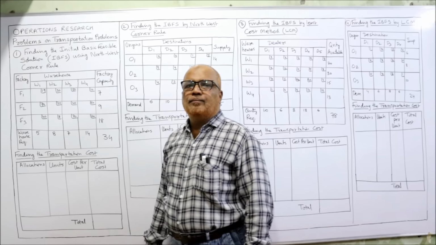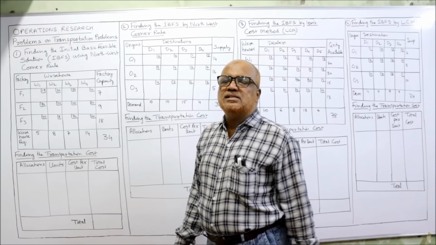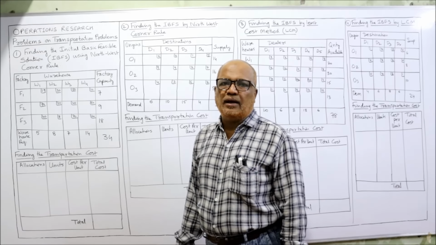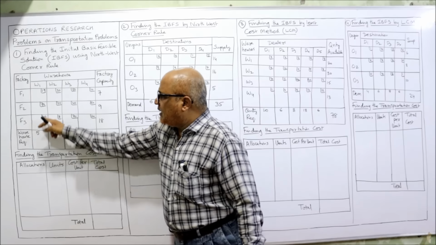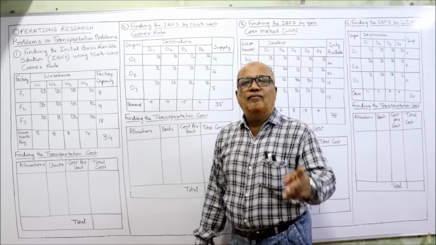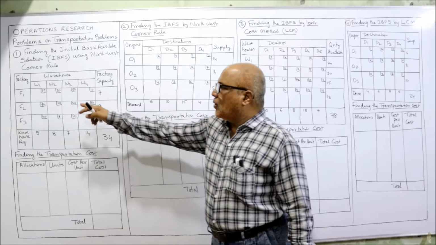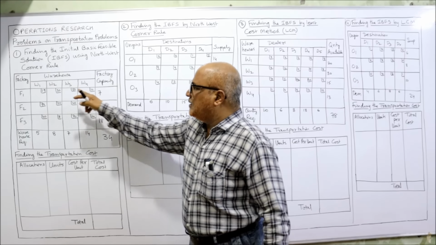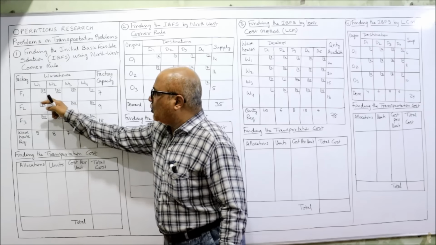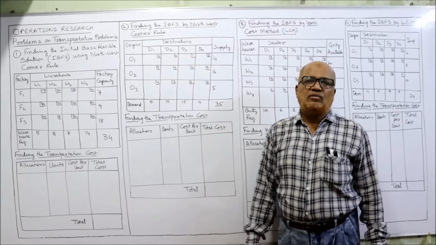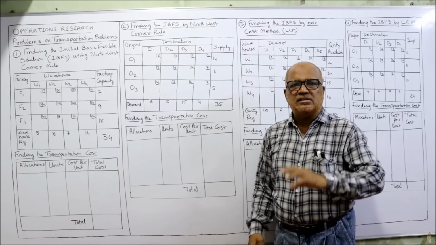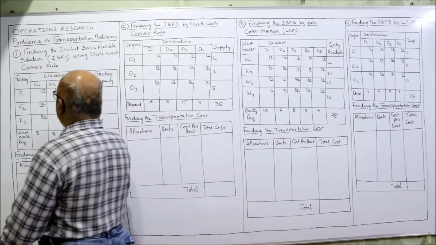The minimum of the supply or the demand. The row total supply is 7 units, whereas the column total demand is 5 units. Whichever is less. The row total is 7 and the column total is 5. Whichever is least, 5 is least. So I am allocating 5 here.